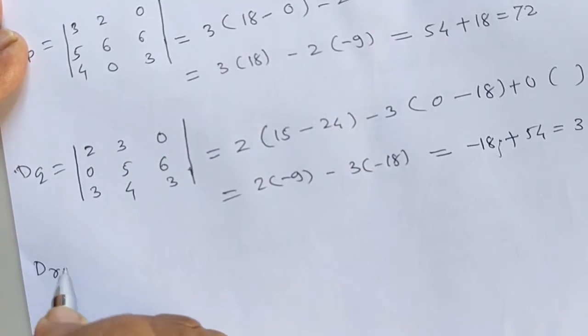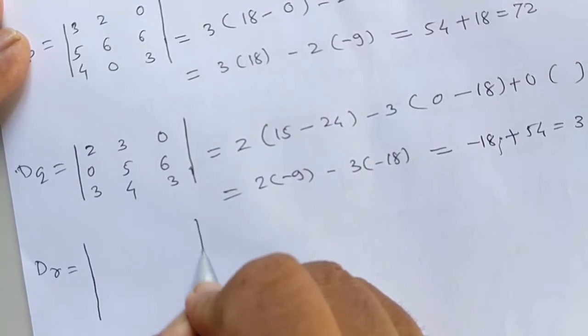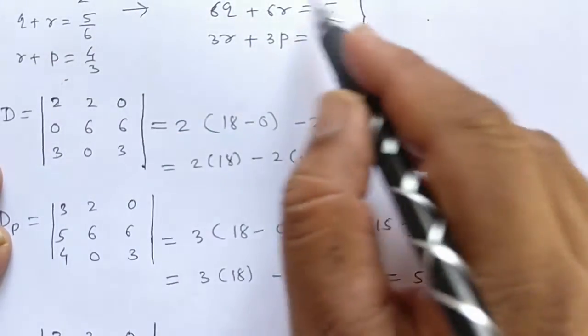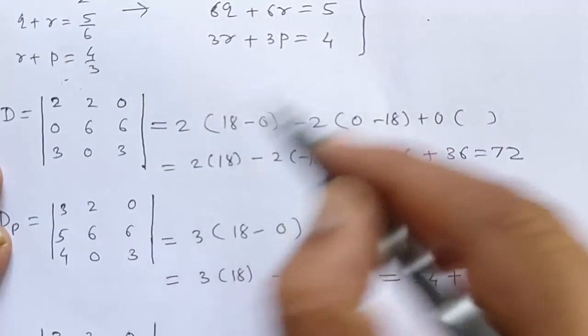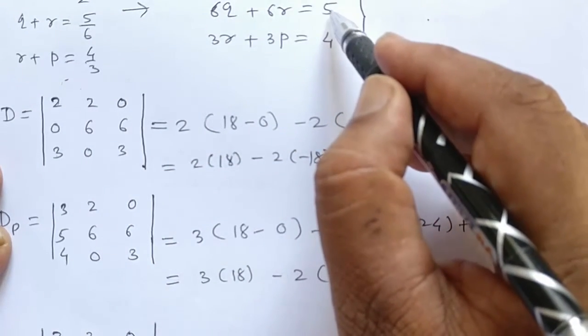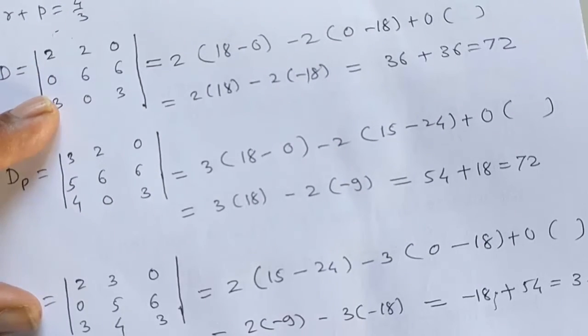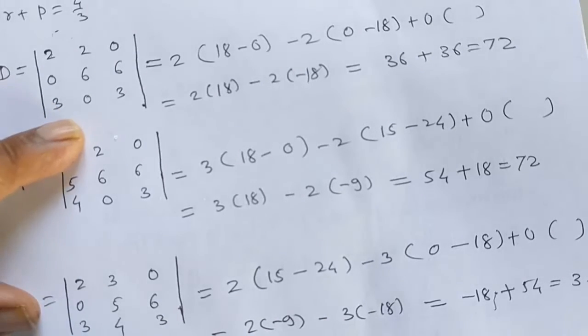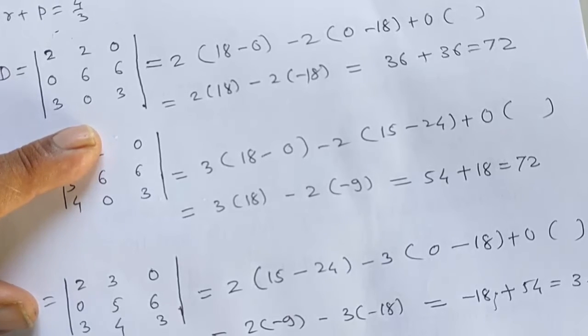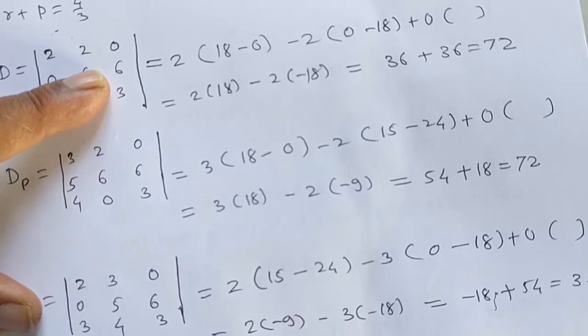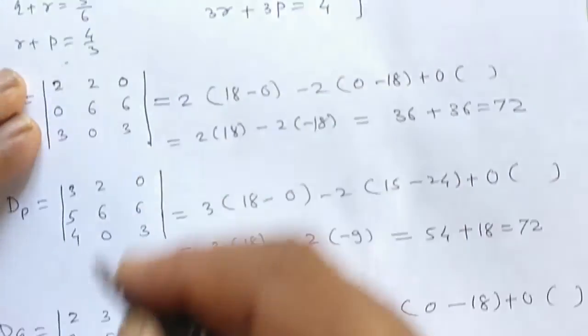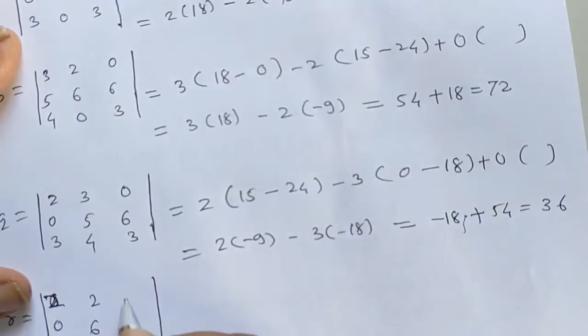Now we find dR. It is a determinant obtained from the determinant D by replacing the coefficients of R, that is 0, 6, 3, by the constants 3, 5, 4. So the first column is the same as it is, 2, 0, 3, and the second is 2, 6, 0. Now the third column is replaced by the constant terms 3, 5, 4.